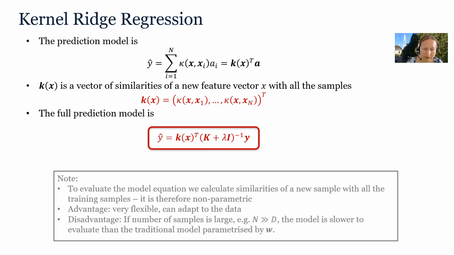So to evaluate this model equation, we need to calculate similarities of the new sample with all the training samples. The good thing about that is it's non-parametric, therefore very flexible and can adapt to the data. But the disadvantage is that if the number of samples is large, for example, much larger than the number of features, the model is much slower to evaluate than the traditional model parameterized by W.